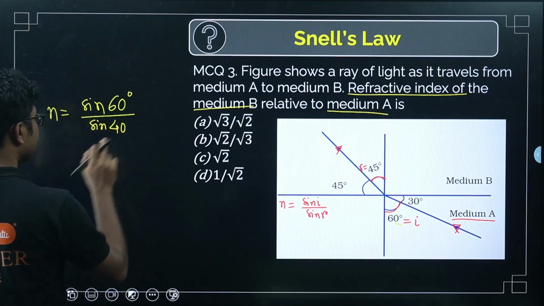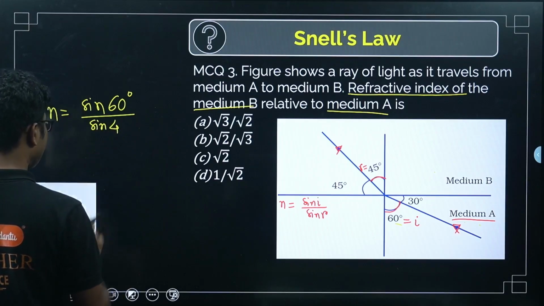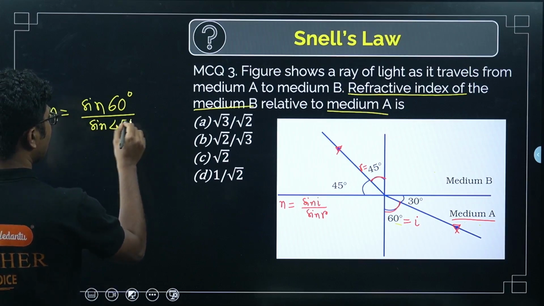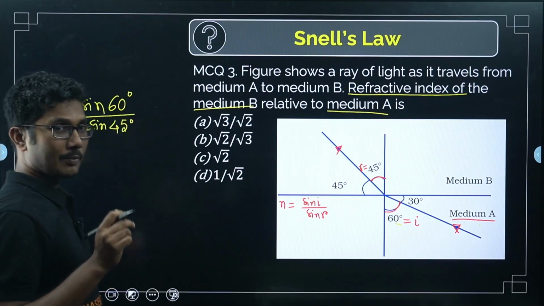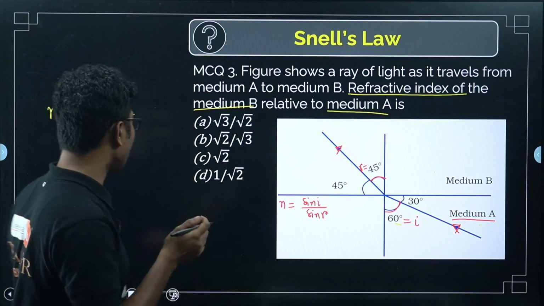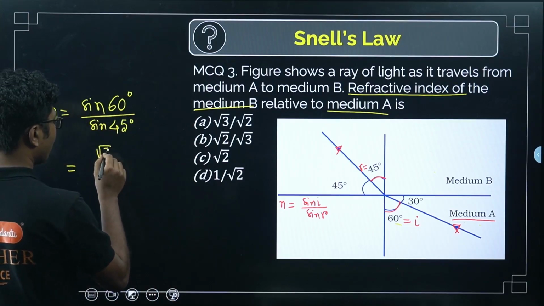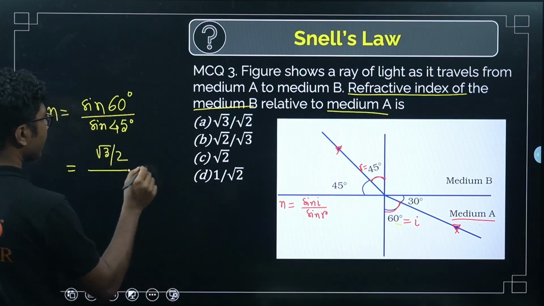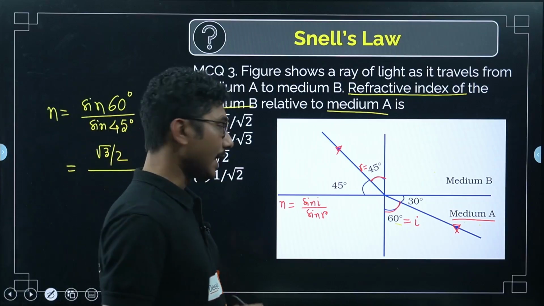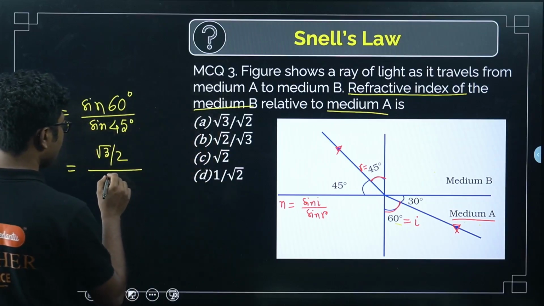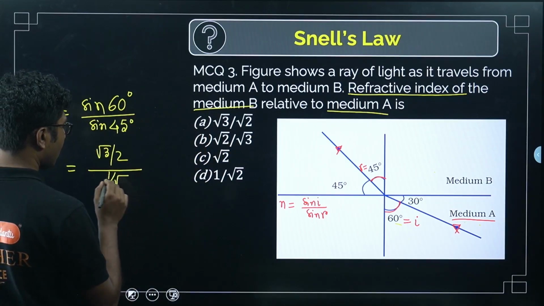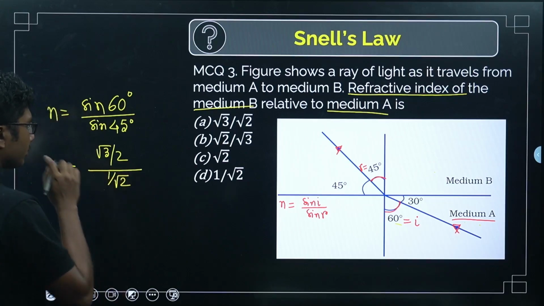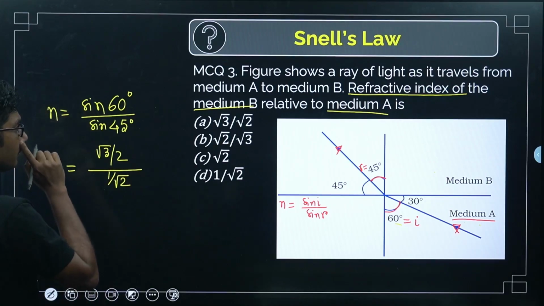So what is sin 60 degrees? Tell me the value of sin 60 degrees. Whoever is saying 1 by root 3 or 1 by 2 is wrong. It is root 3 by 2. Root 3 by 2 is the value of sin 60 degrees, right? And sin 45 degrees is 1 by root 2. Now let's calculate.